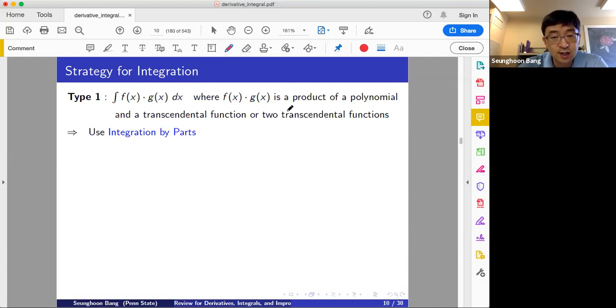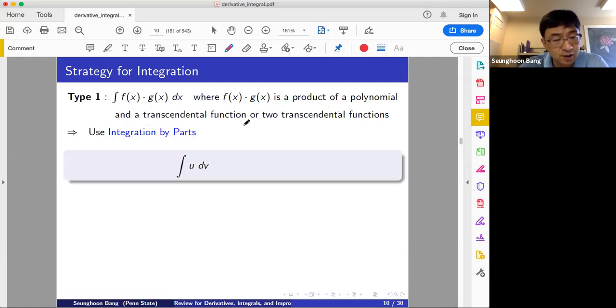Do you know what a transcendental function is? A transcendental function is like the logarithm function ln of x, or e to the x, the trig functions, or inverse trig functions. These kinds of things we call transcendental functions. You can use integration by parts: the integral of u dv is u times v minus the integral of v du.